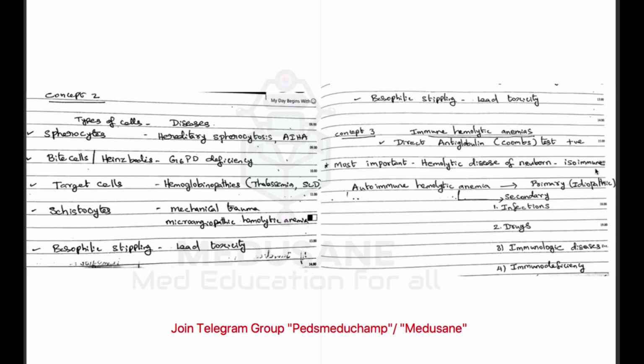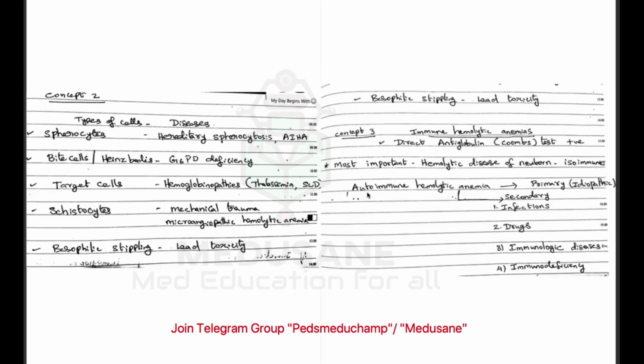It is called isoimmune or alloimmune because the antibodies are acting against some other member of the same species. Autoimmune is against the same person. So here it is isoimmune because the mother's antibodies are going to act on the baby.